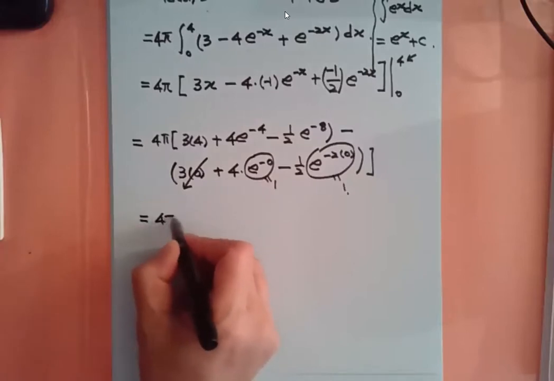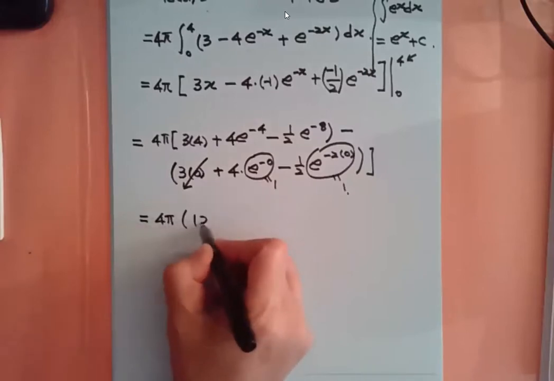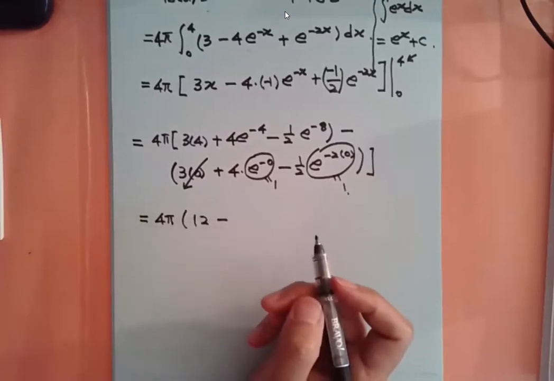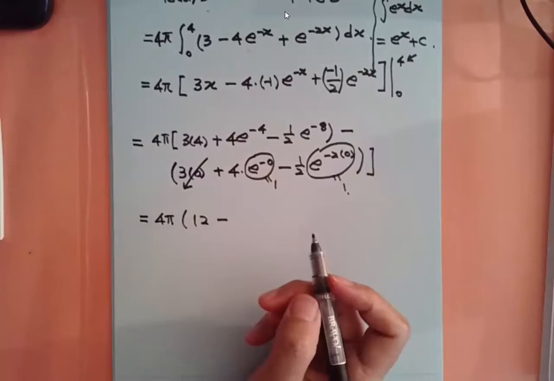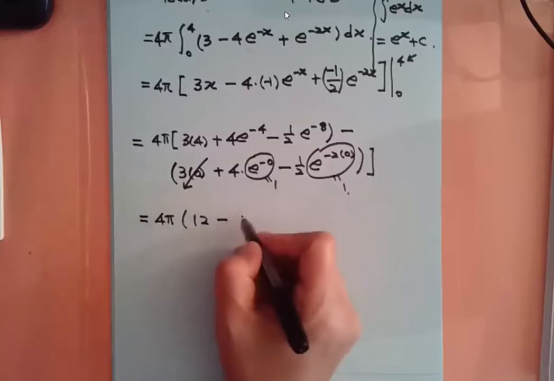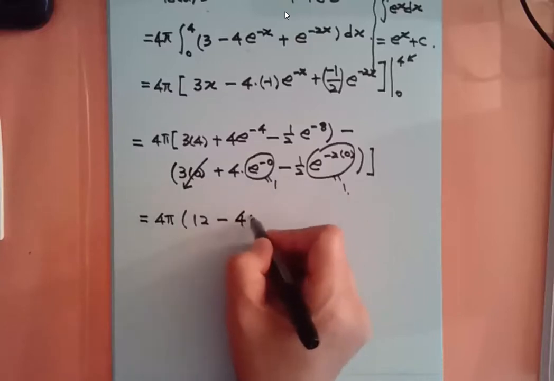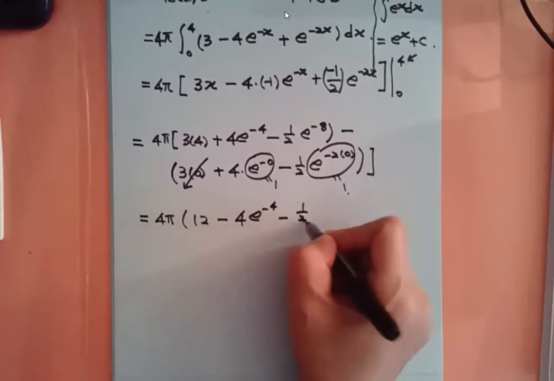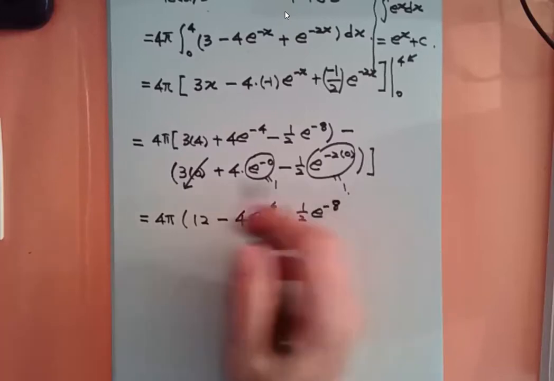So that becomes 4 pi times 12 minus, 4 times e to the minus 4 power minus 1 over 2 e to the minus 8. This one vanishes.